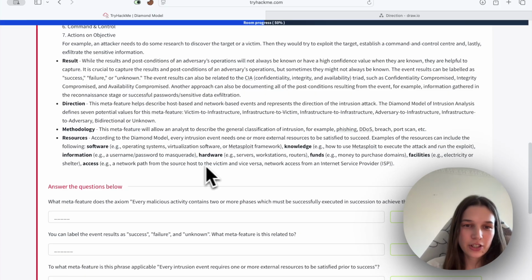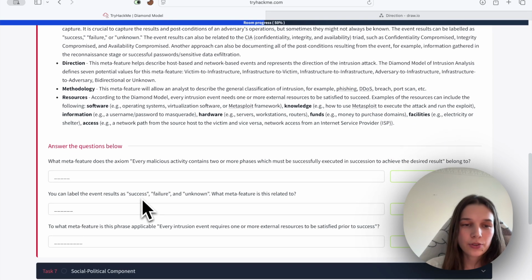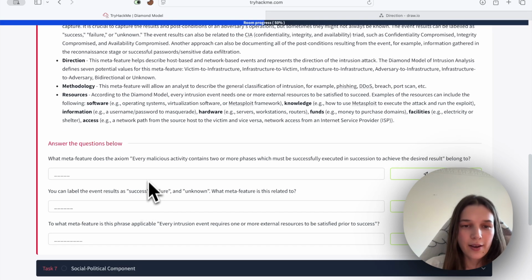Methodology is basically a classification of the attack, which is phishing, DoS attack, breach, port scan, etc. Resources can be software, knowledge, information, hardware, funds, facilities, access. Next one, we go to the questions below. Every malicious activity contains 2 or more phases, which must be successful.